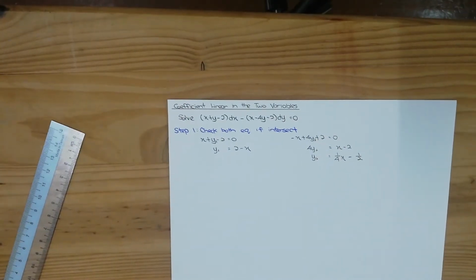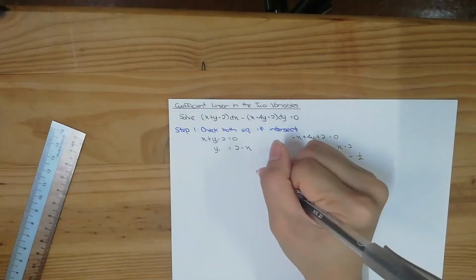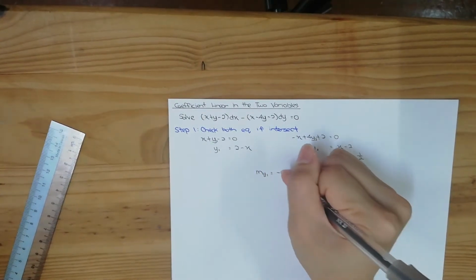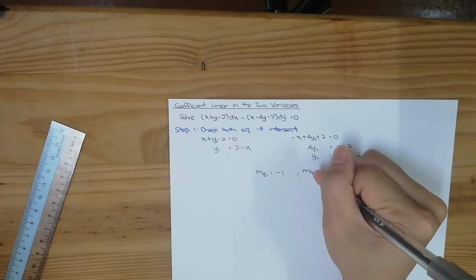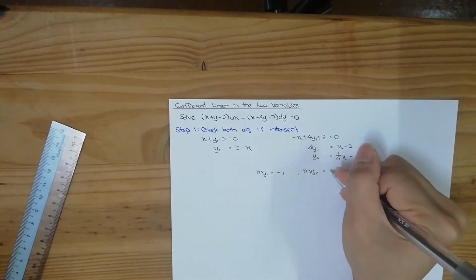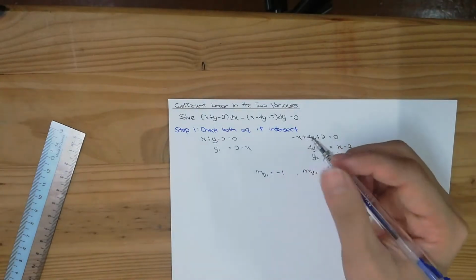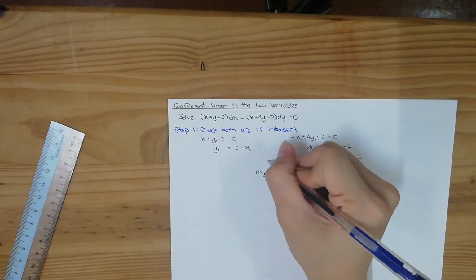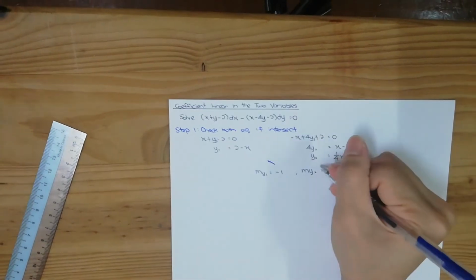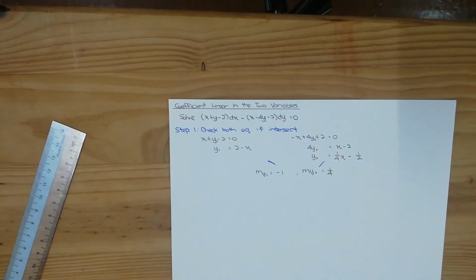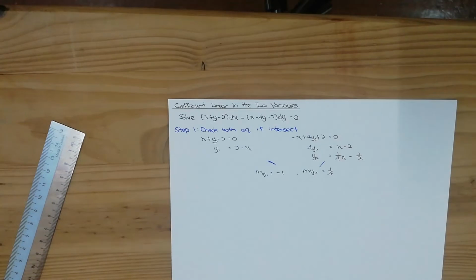So now we see the gradient of y1 is -1, and the gradient of y2 is 1/4. From the knowledge of the straight line, when the gradient is negative the slope goes down, and when positive the slope goes up. So here we can see that it obviously has an intersection point.